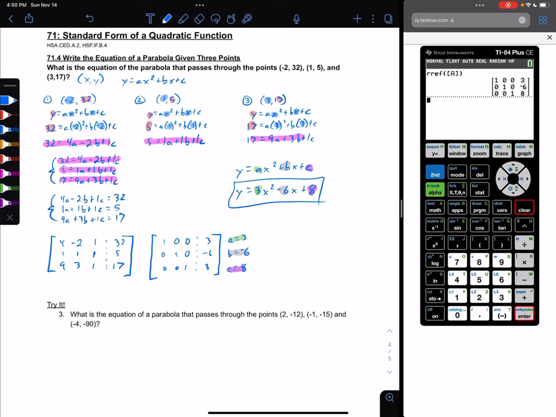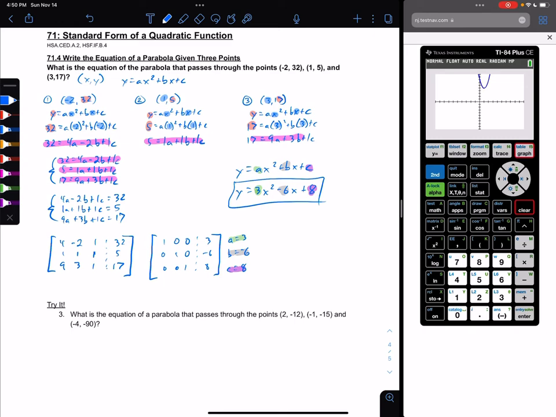Let's say you're really not sure if you did this correctly. What you're able to do is go to y equals on your calculator and type in the equation that you came up with, so 3x squared minus 6x plus 8. You have two options. One will work pretty easily, one works, but it's not always clear. If I hit graph, I can see the point (1, 5) is on there, but (3, 17) and (-2, 32) are way off the graph.